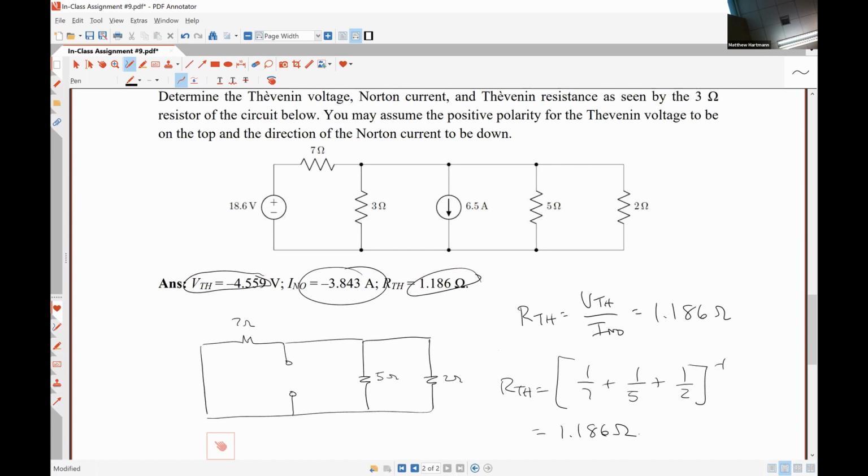Probably the easiest thing to determine directly is the Thevenin resistance, because it's just the same resistor combination techniques that you've been doing for a couple of weeks at this point. So it may be beneficial to do that first, and then figure out what will be easier to solve for, Thevenin voltage or Norton current, and then use the resistance and whatever quantity you solve for to determine the third property.